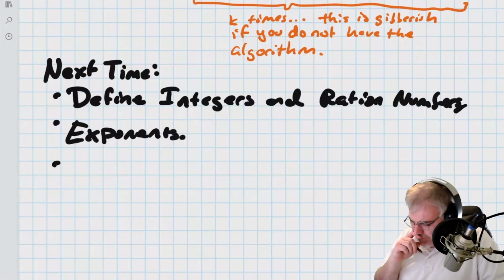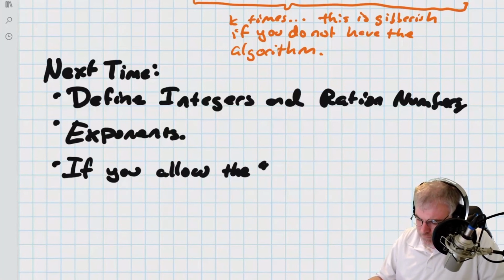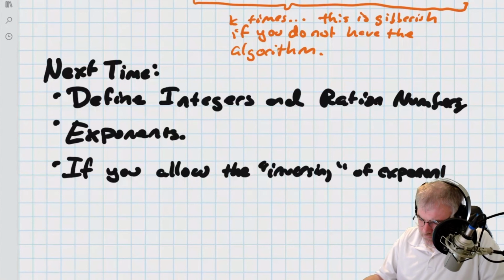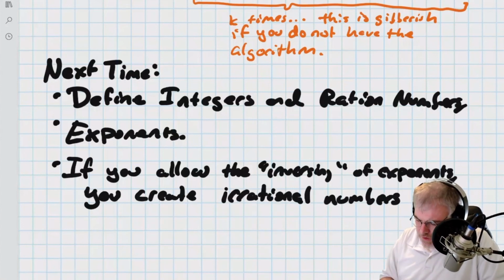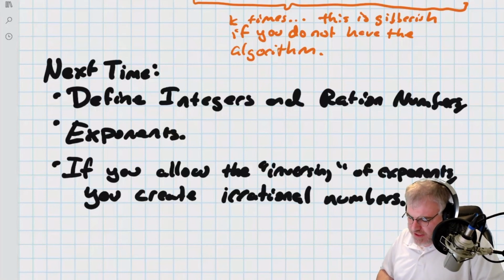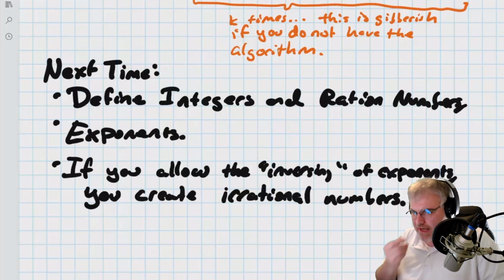And then hopefully we will prove that if you have exponents and you allow their inverse, so if we allow inversing of exponentiation, we're actually going to create the irrational numbers.